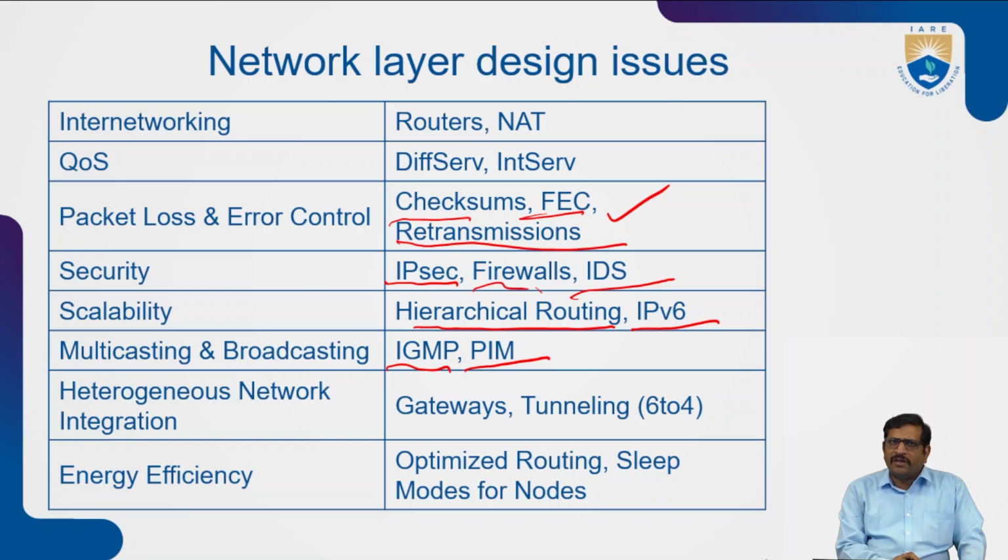For heterogeneous network integration, gateways or tunneling can be done, such as 6to4, that is IPv6 to IPv4 tunneling, and gateways, by which heterogeneous network integration issues can be resolved. For energy efficiency, optimized routing and sleep mode for the nodes are used. By introducing sleep mode as a technique, battery life can be improved, especially in IoT devices.